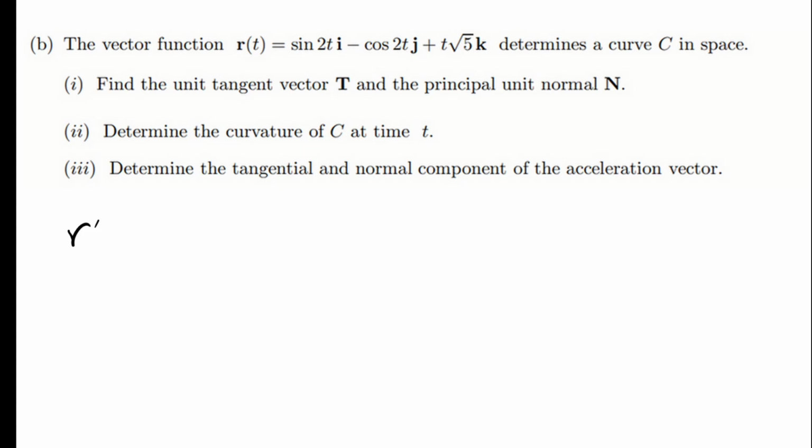Okay. R prime, that's going to be 2. Derivative of sine is cosine. Derivative of cosine is negative sine, so it's going to be plus 2 sine 2t. This is root 5.